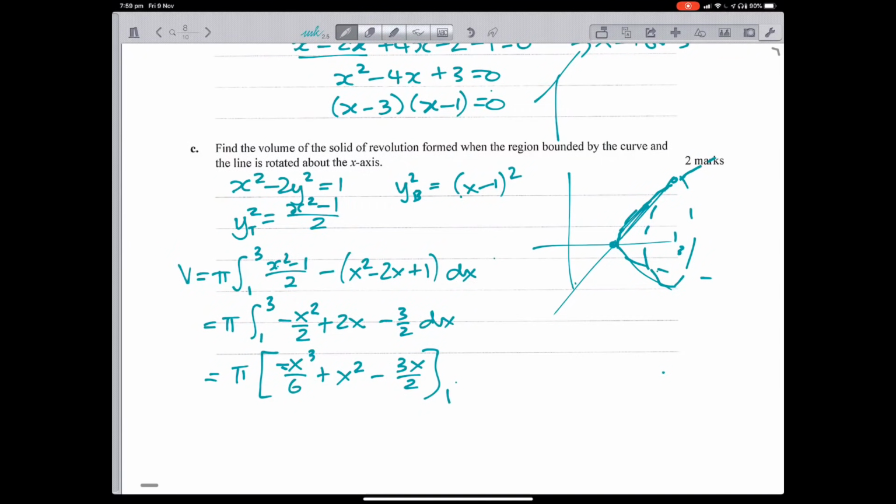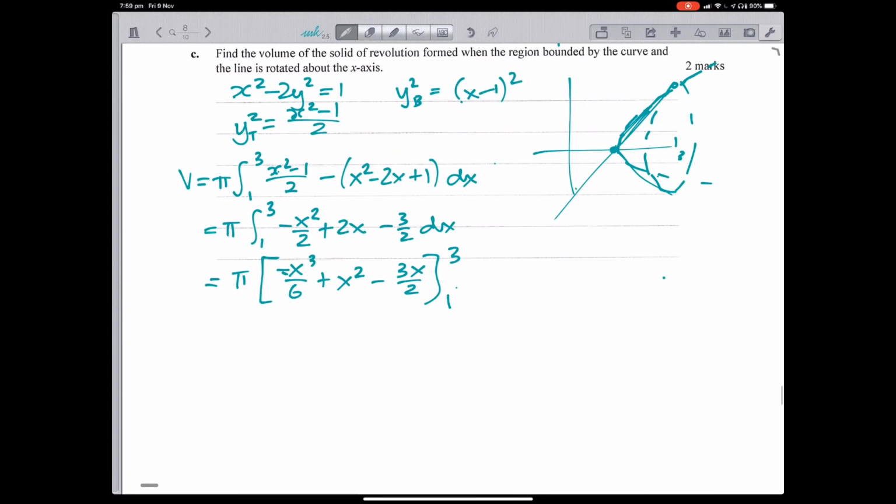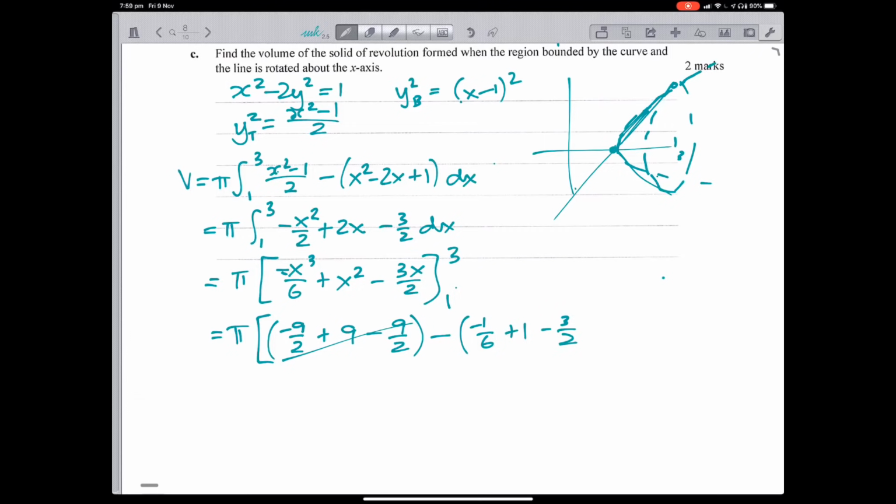from 1 to 3, which is pi, negative 27 on 6, which is negative 9 on 2, plus 9, minus 9 on 2, that's 0, minus negative 1 on 6, plus 1, negative 3 on 2.